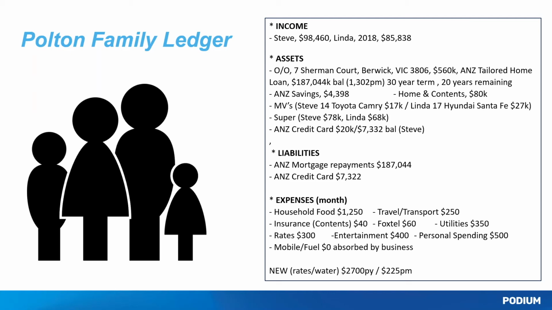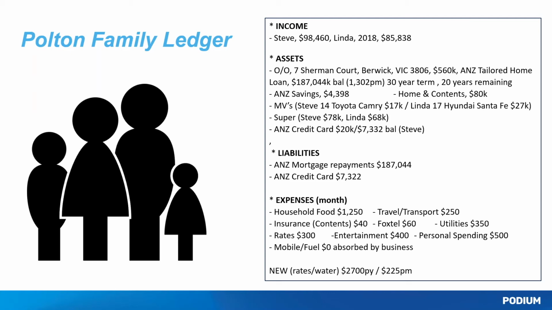The assets look absolutely believable and realistic. You can see the super, the Camry, 2014, 2017. So the assets are definitely there. Liability, so we've got the ANZ home loan mortgage repayment. Okay, so that's the total ANZ credit.